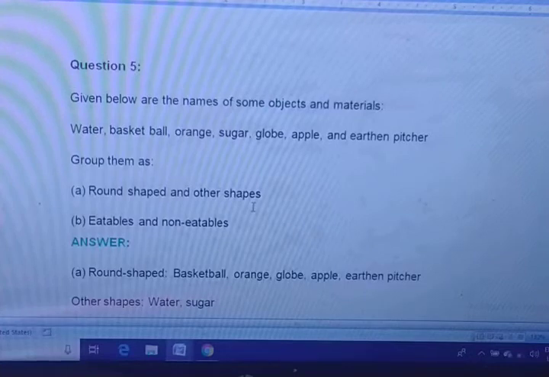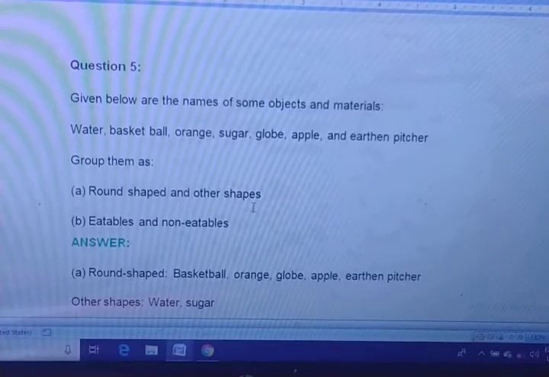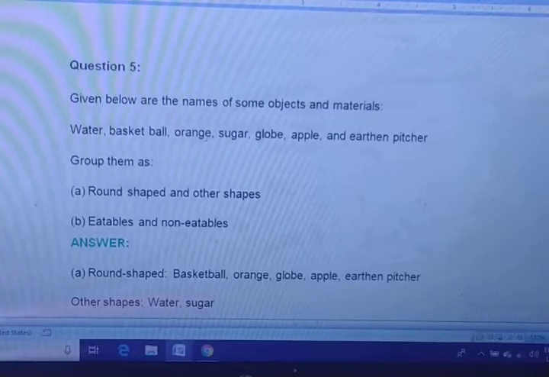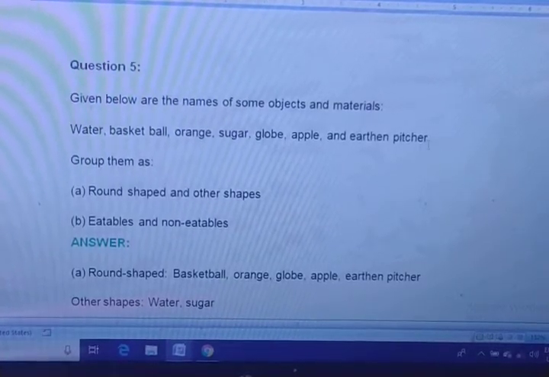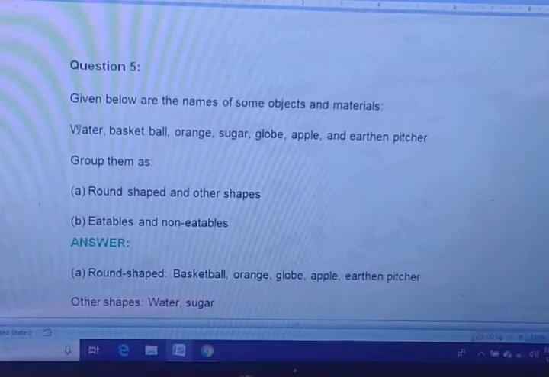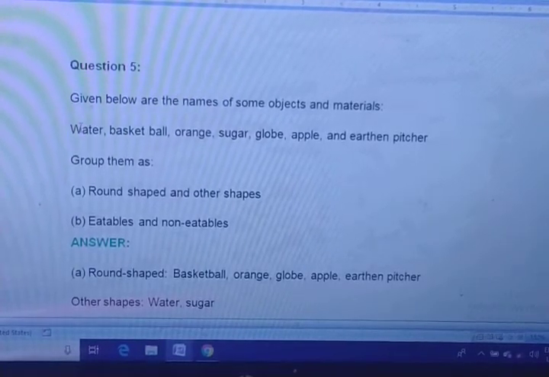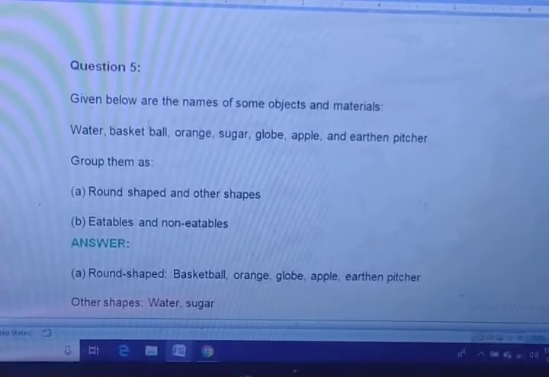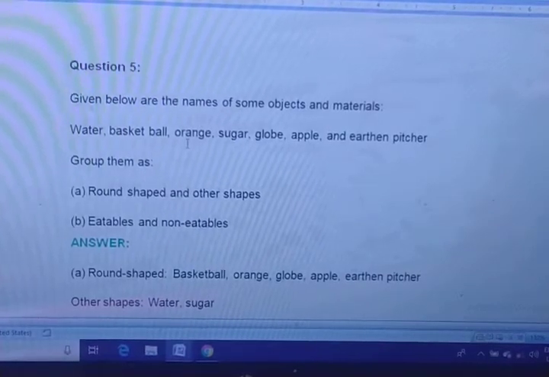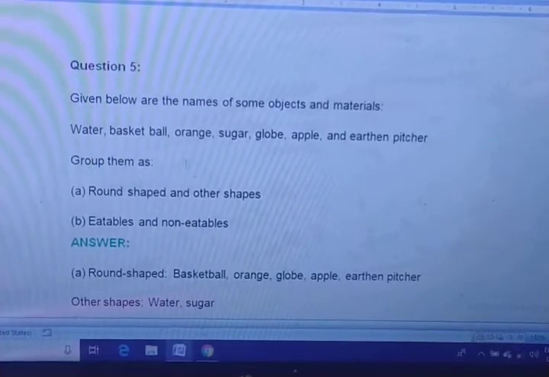So first of all, we will start with the round shaped objects. Can you tell me, from water, basketball, orange, sugar, globe, apple, earthen pitcher, the shape of water? You can't say, right? Basketball, yes, you may have seen the basketball is round. So what you have to write?